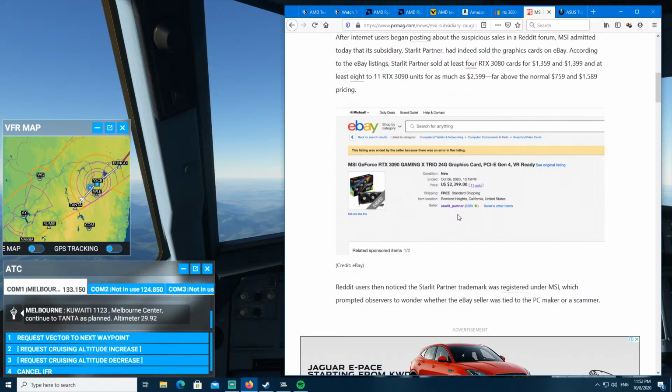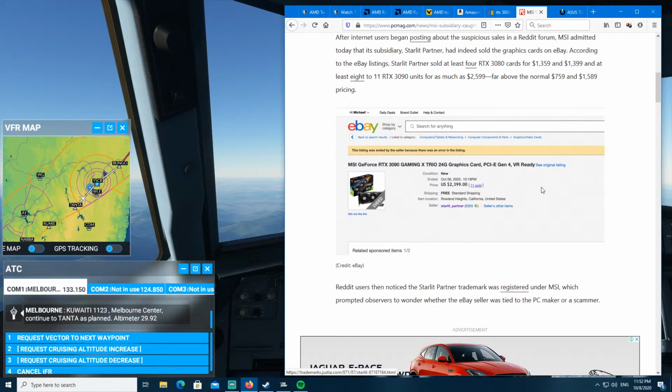An individual is one thing, but a company is something else, and it's a subsidiary of MSI. I don't know how NVIDIA is going to handle their partnership with MSI after this. Yeah, so Reddit users noticed that they are registered under MSI. Starlit partner.